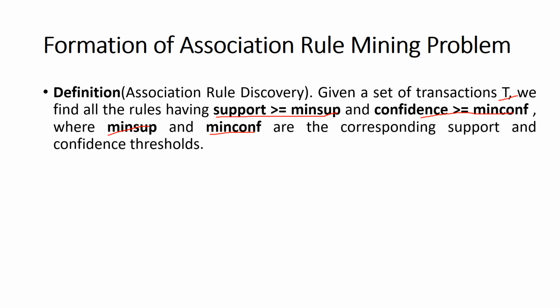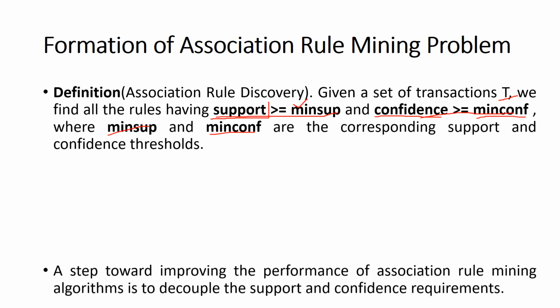The first activity is identifying all those items whose support is greater than or equal to a predefined minimum support, and then from those items identifying all the items whose confidence is greater than or equal to a predefined minimum confidence.